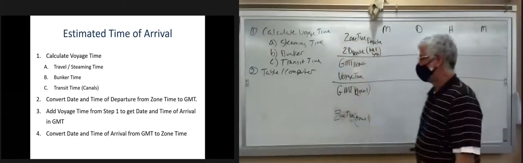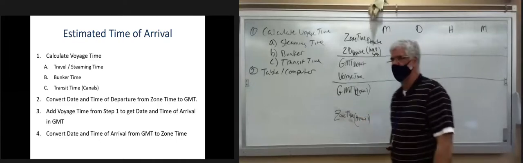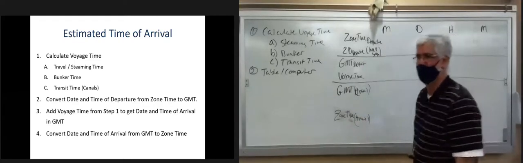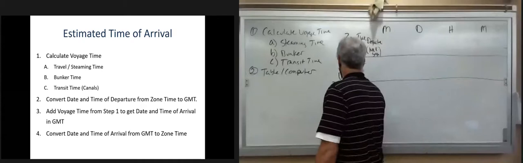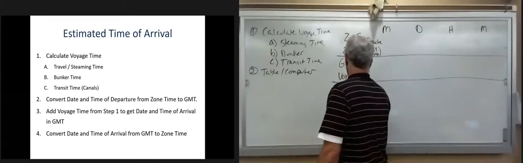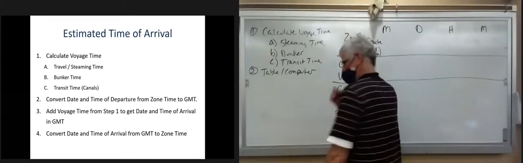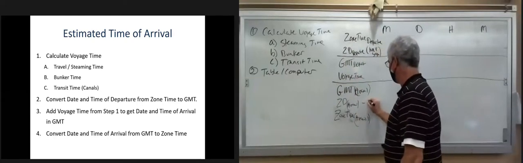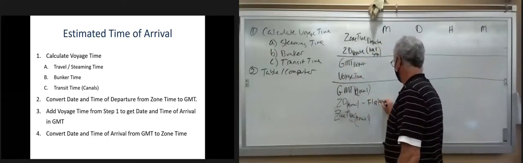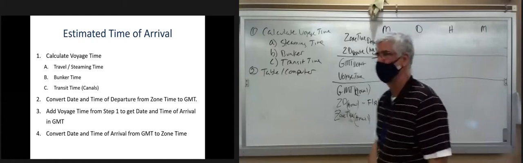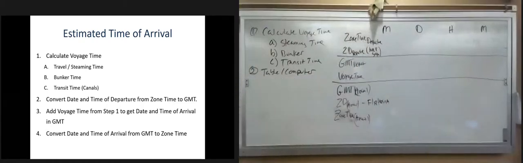How am I going to go from GMT to zone time of arrival? What do I have to apply? Oh, I got to do my zone description of arrival, but you absolutely are right. I have to flip the sign. That's what I got to do.